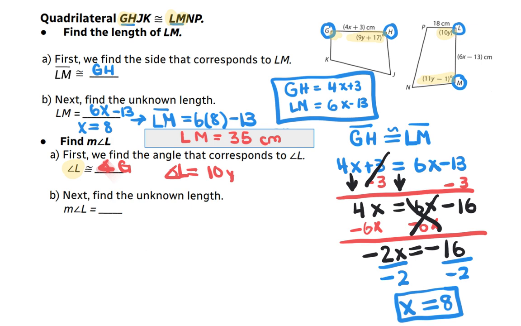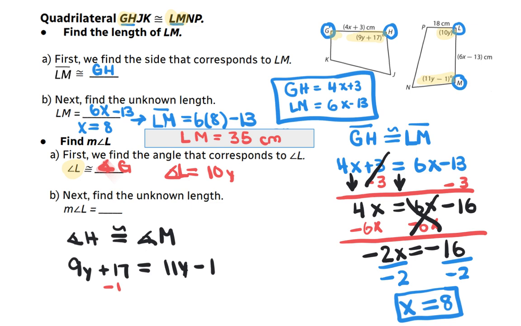So we're going to use the fact that angle H is also congruent to angle M. Angle H is 9y plus 17, and angle M is 11y minus 1. So this is a very simple algebraic equation that we have to solve for y. All right, so let's do that now.